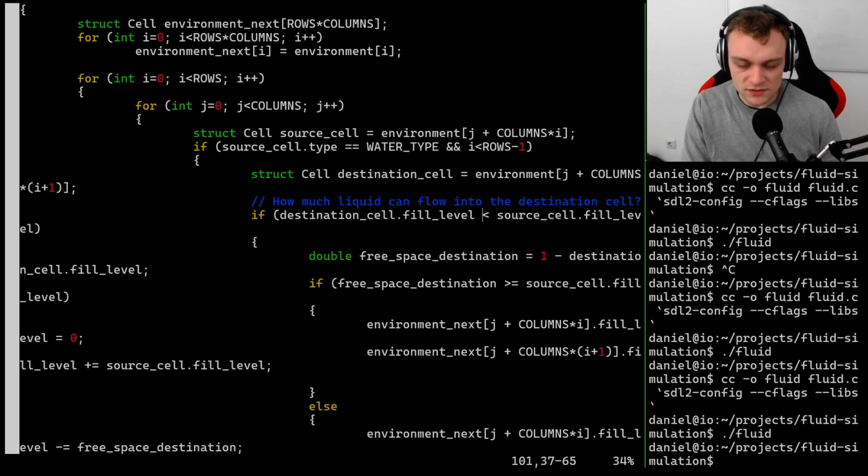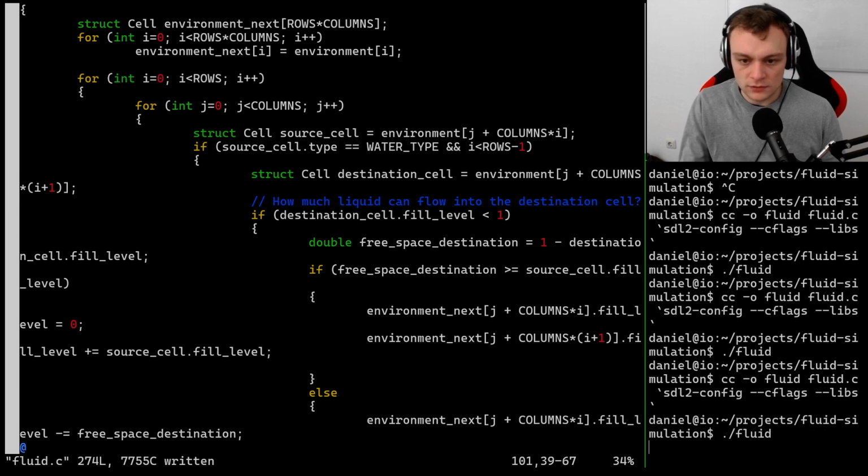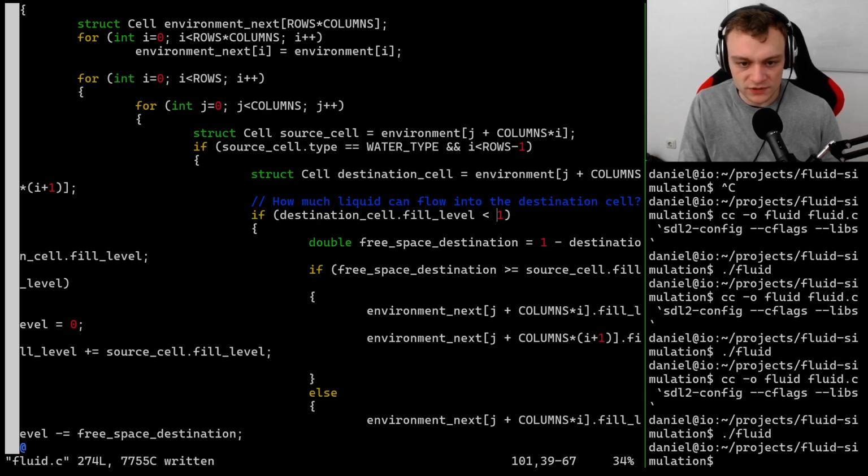But that is stupid. How about we just check if the destination cell fill level is smaller than 1. Okay, for some reason that doesn't work.